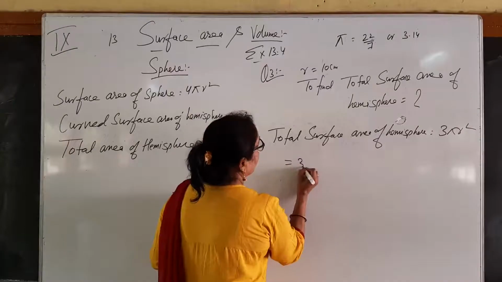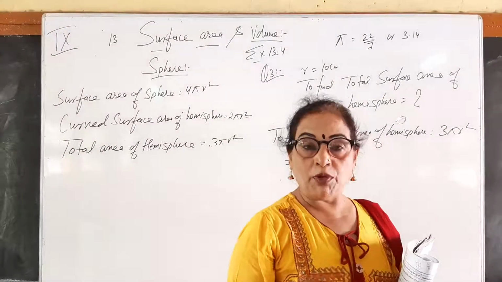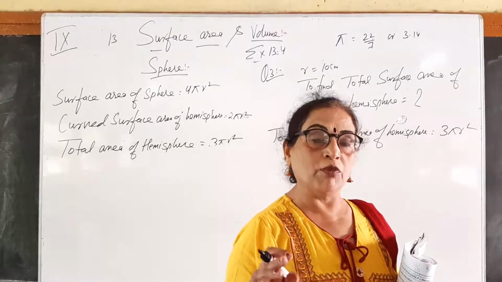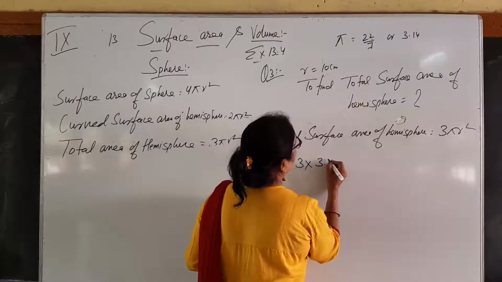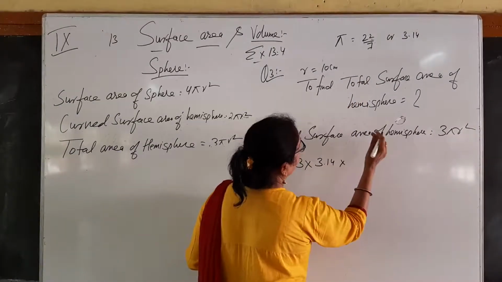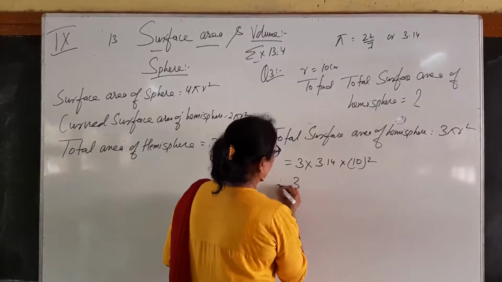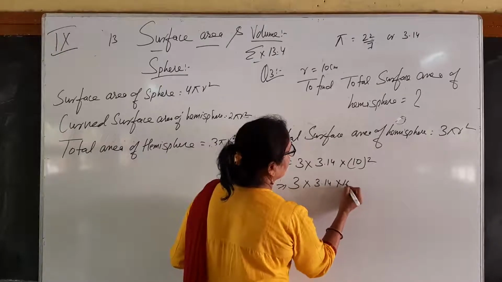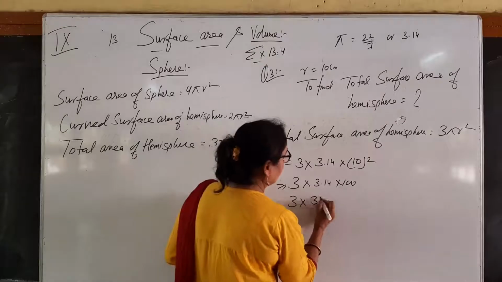Now 3 into the value of pi. Because here the value of pi is given, we have to use 3.14. If it is not given, we use 22/7. But here it is given, we have to use 3.14 into r, value of r is given, 10 square. So 3 into 3.14 into 100, so it will be 314.